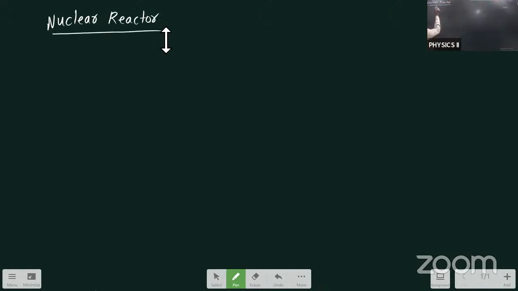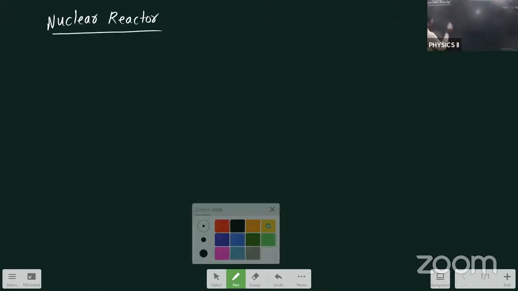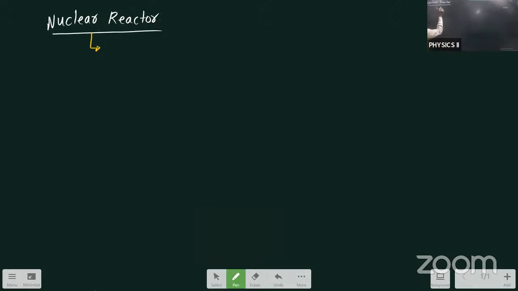So let us discuss. Yesterday I discussed the nuclear reactor. What is a nuclear reactor actually? It is a device in which controlled fission reaction, or controlled fission process, takes place.